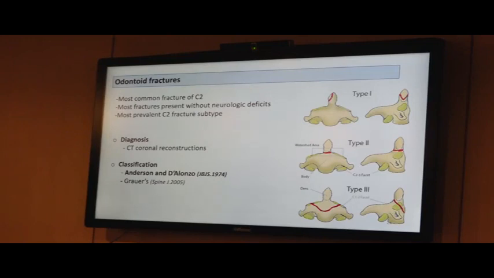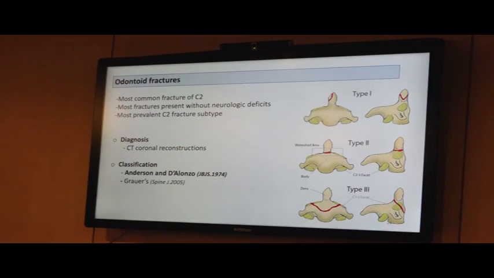Now the odontoid fractures, they are the most common fracture of the axis. Most fractures present without neurological deficit due to the ample anteroposterior diameter of the cervical spinal canal. They are diagnosed based on the location of the fracture line, which is most easily visualized on coronal CT reconstruction.